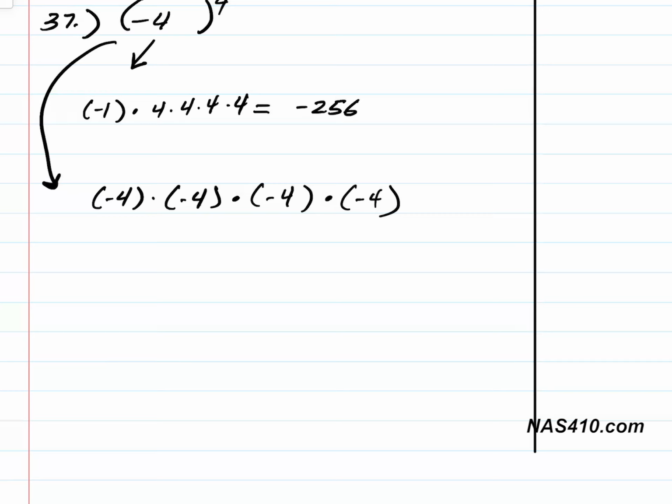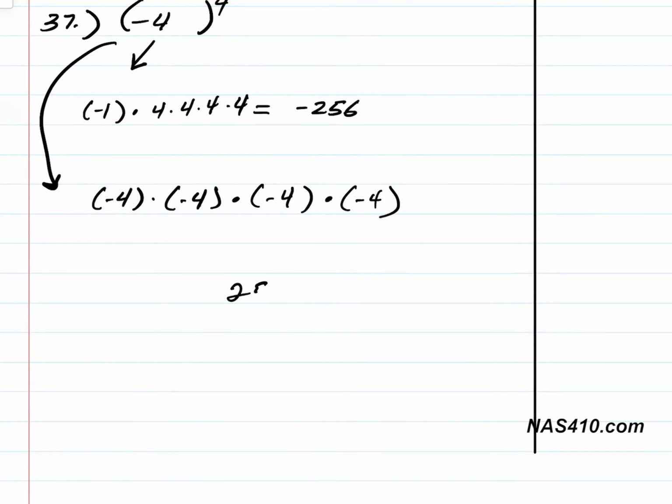But when I multiply a negative by a negative, I get a positive, okay? And then I'm going to multiply it by another negative. And so now I'm going to have a negative here. And then I'm going to multiply this negative by a negative, and I'm back to having a positive. And so in this scenario here, I end up with a positive 256, versus a negative 256.